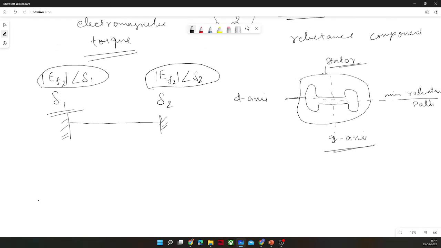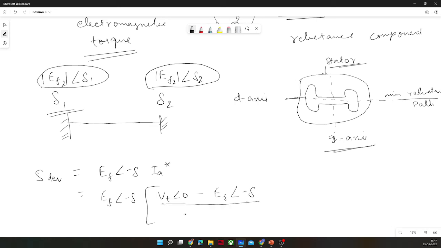So let me derive the Q for developed. That was EF angle minus delta, IA conjugate, where IA is VT angle 0 minus EF angle minus delta divided by ZS.